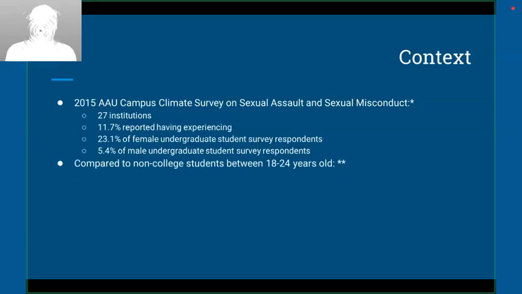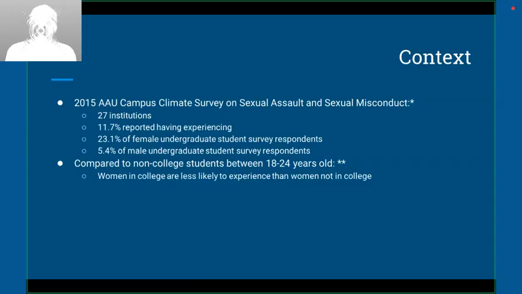There's been comparisons between the numbers from that study and similar studies done comparing to non-college students between 18 and 24 years old. And of course, not all college students are between 18 and 24 years old, but it's not uncommon for the numbers to be compared between studies.